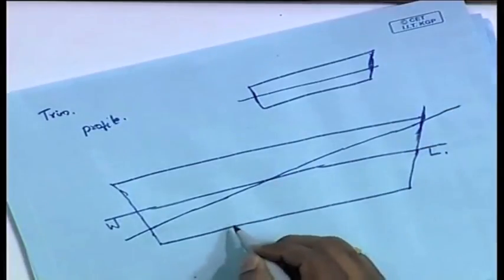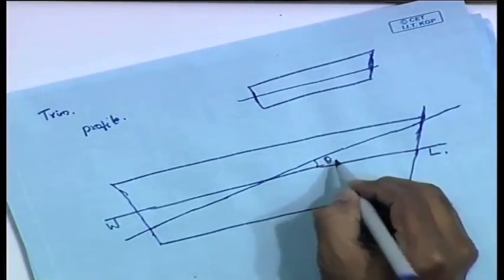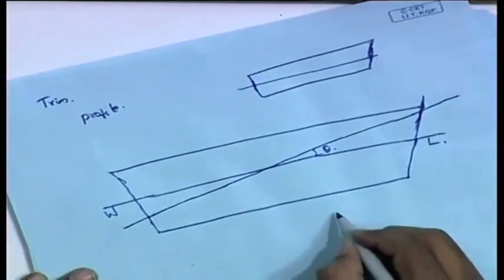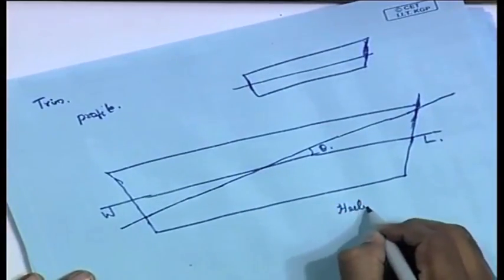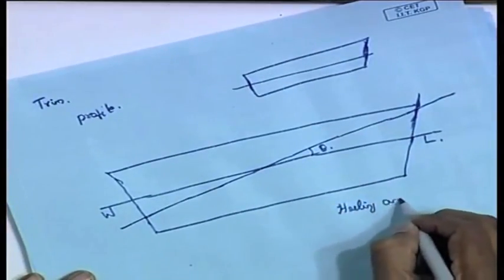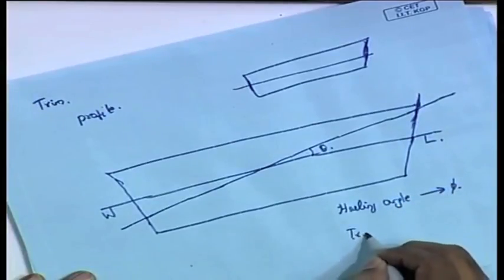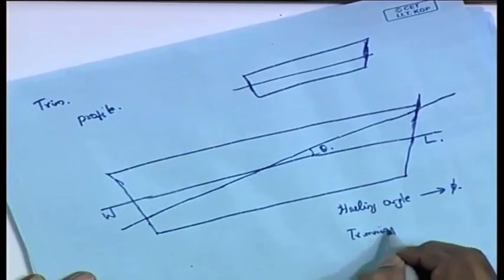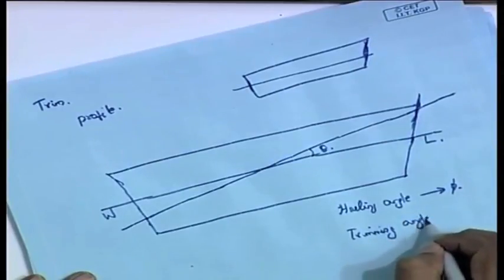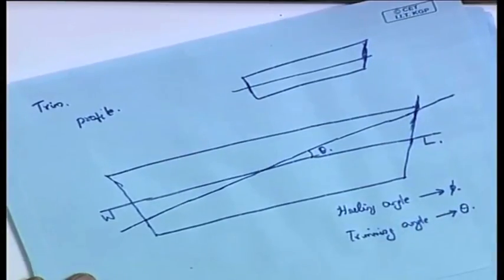Okay. So, the ship is now trimmed through an angle theta. I would like to mention that usually the heeling angle is denoted by phi, and the trimming angle which I have drawn there is usually denoted by theta.